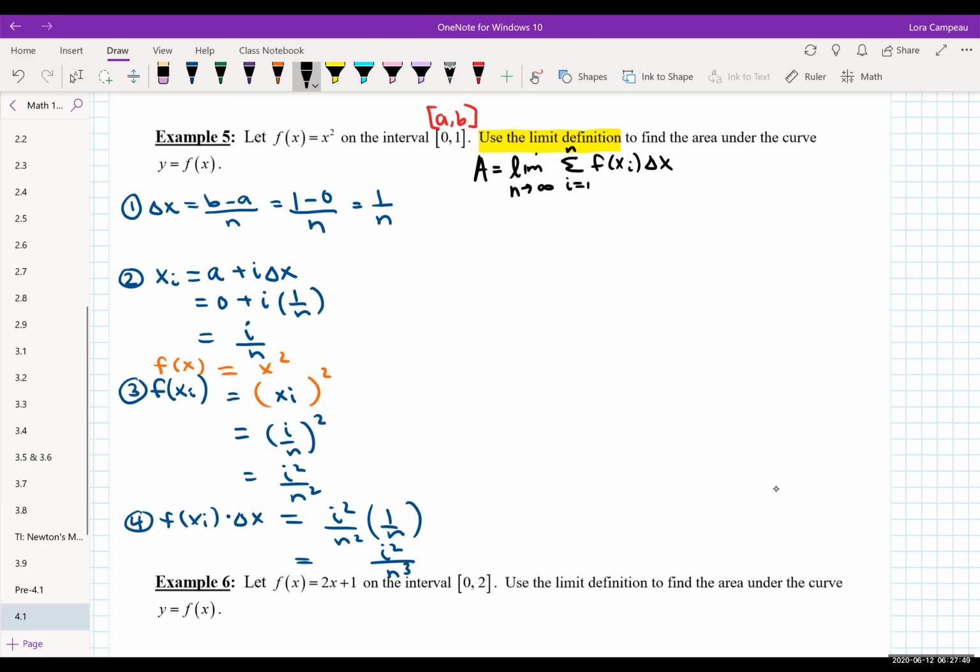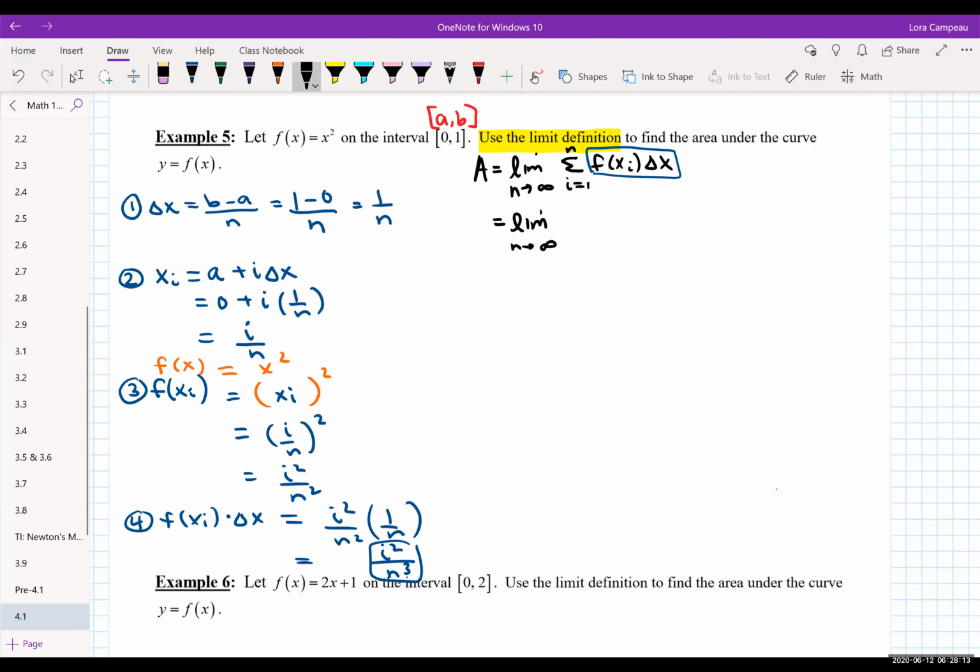Okay, so writing that out, the whole reason why I took all those 4 steps is because we can now write in f of x sub i times delta x. We can now substitute this directly into our summation formula. So where was that? That was right here.